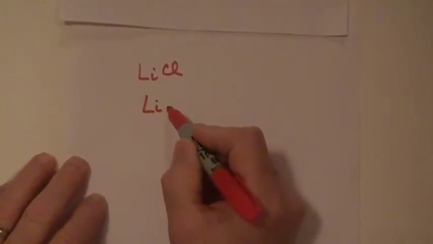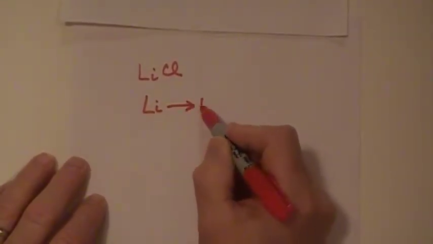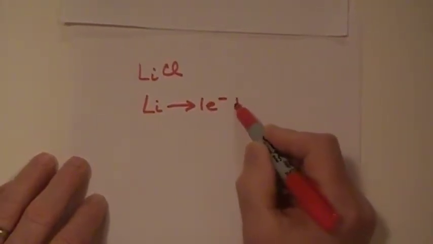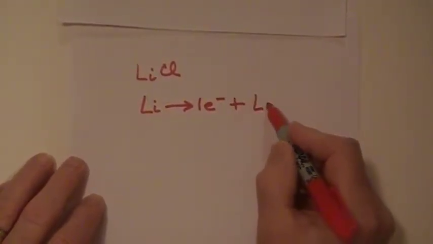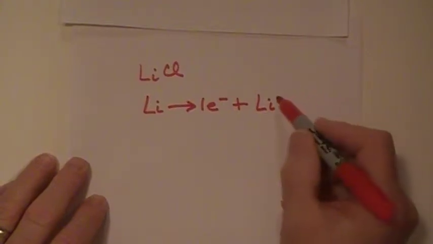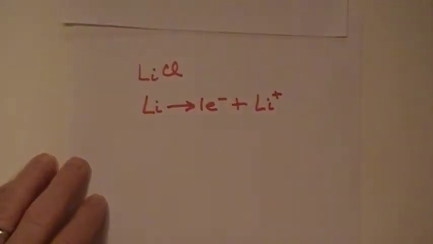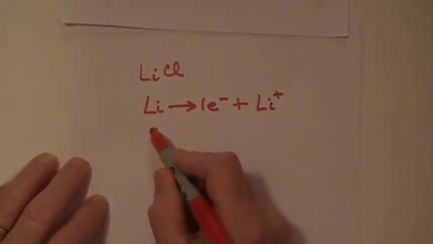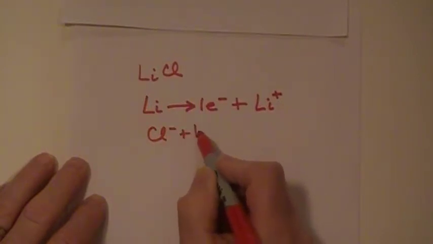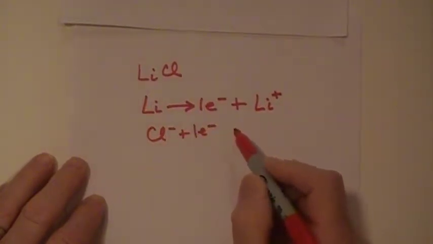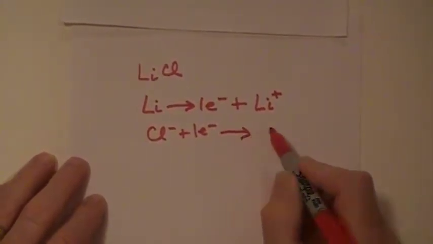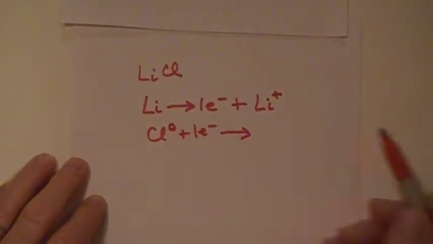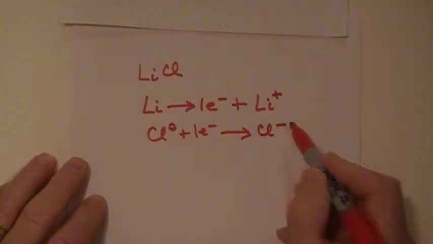And when it does that, it itself, because it has lost a negative charge, becomes a positively charged atom. And chlorine likes to gain an electron to become like argon. And when it does that, it becomes chloride.